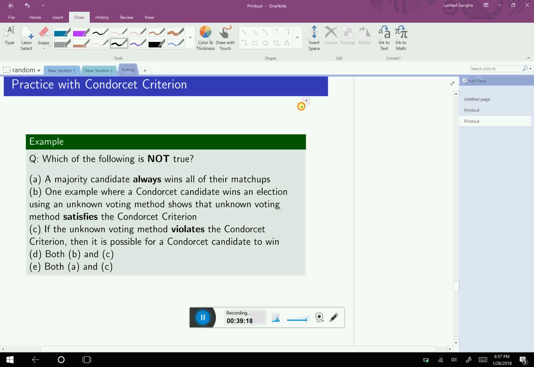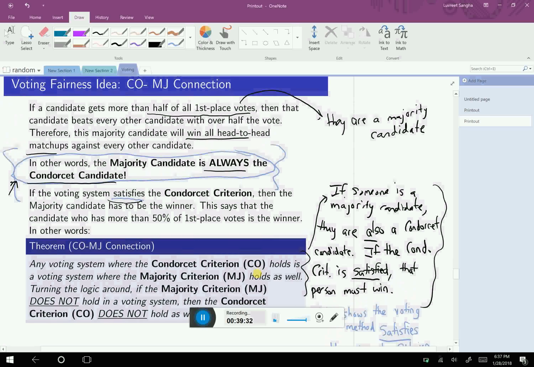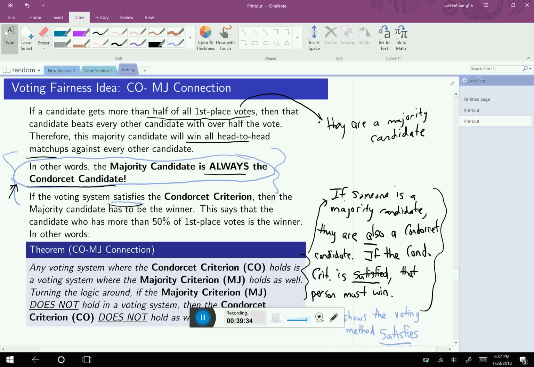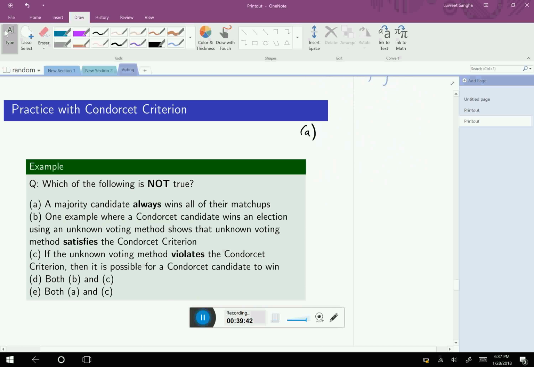So if I look at A, A says, a majority candidate always wins all of their matchups. This is what we just said on the previous slide. If I go back to the previous slide, it says that a majority candidate wins all of its matchups because it beats everyone else with over half of the vote. So A is true.